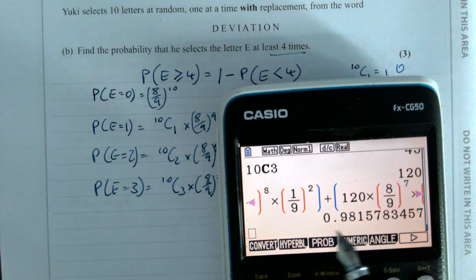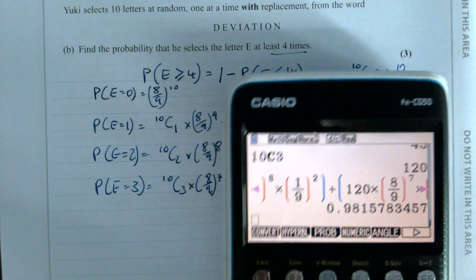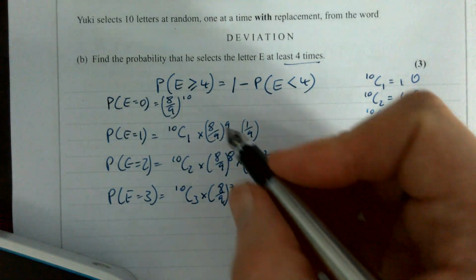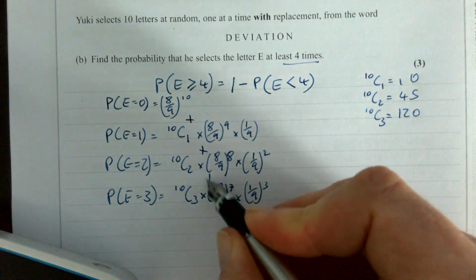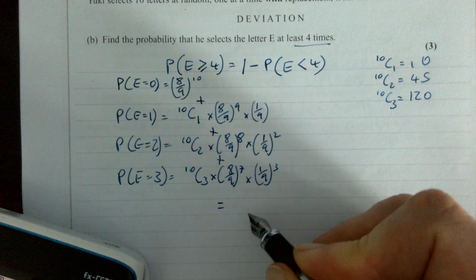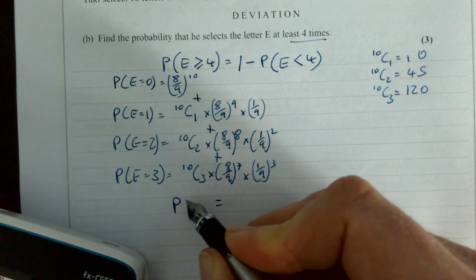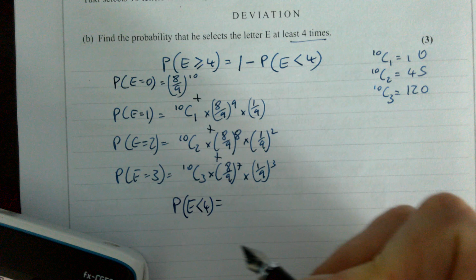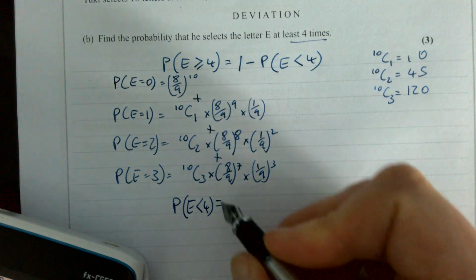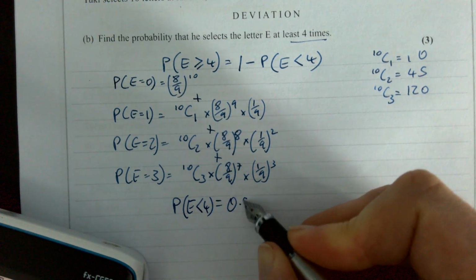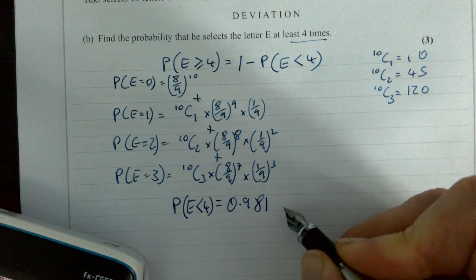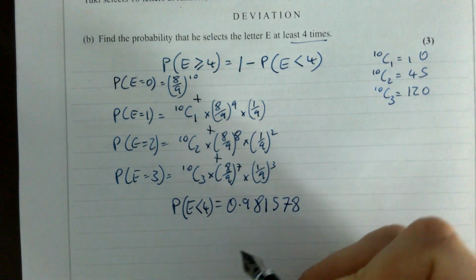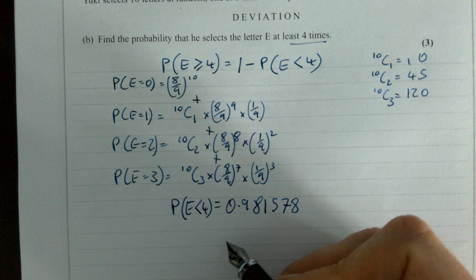Then I'd write this value down for the examiner, so I can say the probability that E is less than 4 is going to be 0.98157.